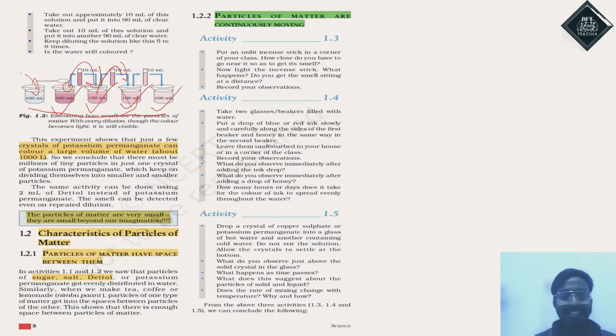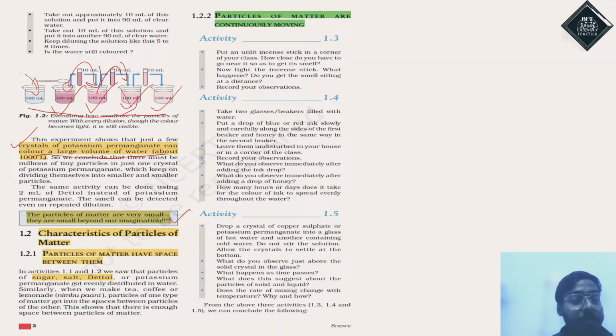So it says that particles are very small and we cannot see them with our naked eyes. So the crystals of potassium permanganate can color a large volume of water, about 1000 liters. Now see, the particles of matter are very small, beyond our imagination. So these are some physical properties.